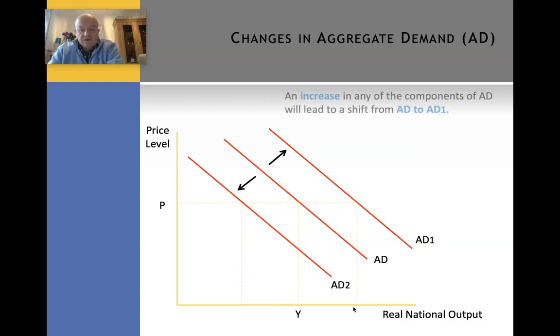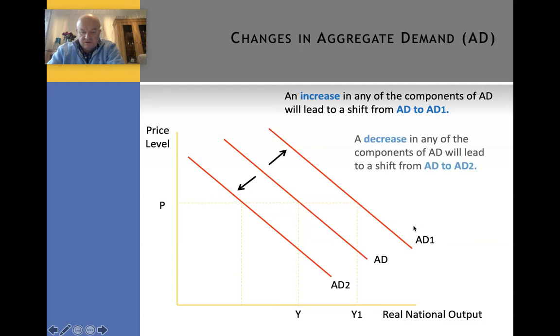So in this instance, any increase in any of the components of AD will lead to a shift from AD, which is our original demand curve, outwards to AD1. Okay, so if we have an increase in any of consumption, investment, government spending, or an improvement in net trade, then AD will move from AD to AD1.